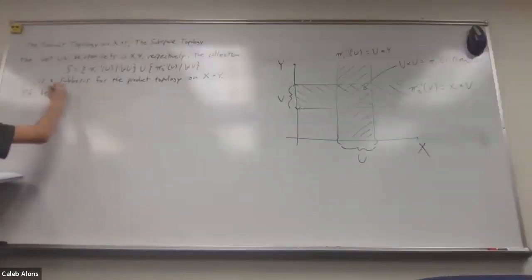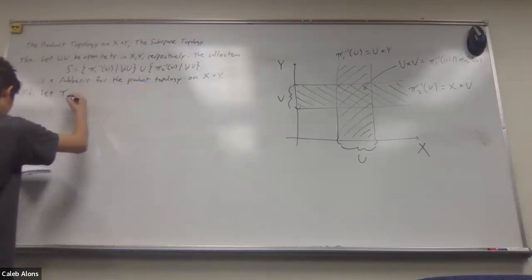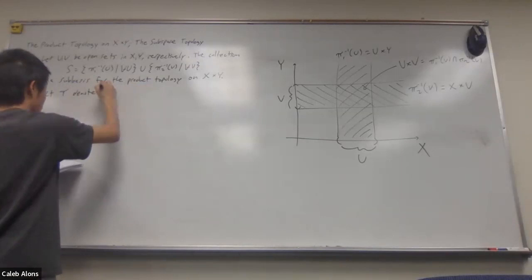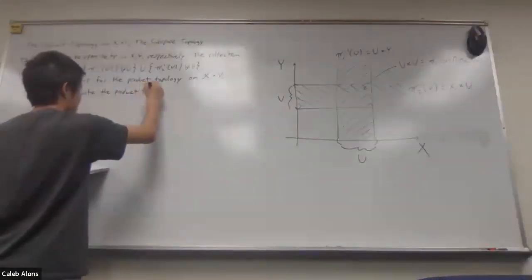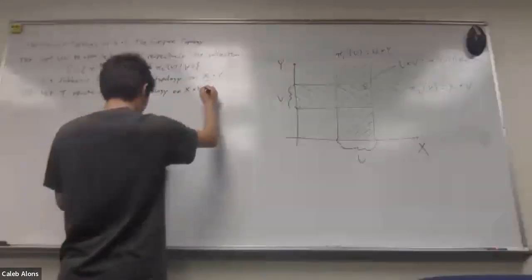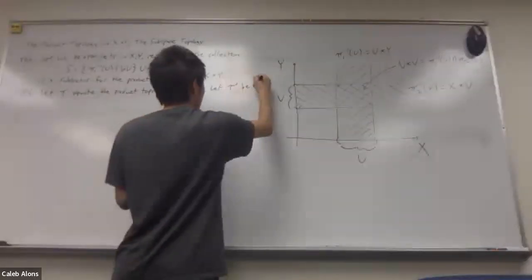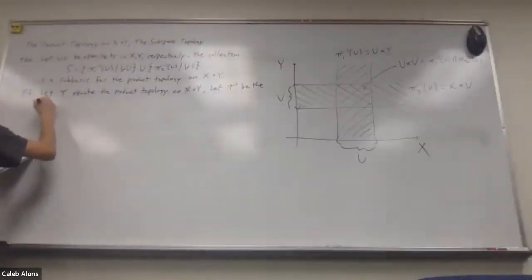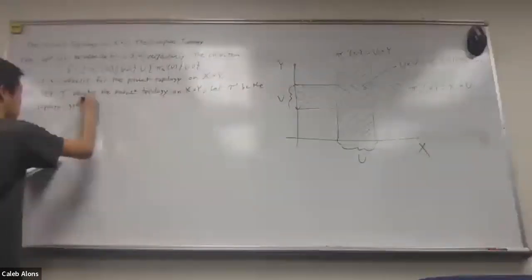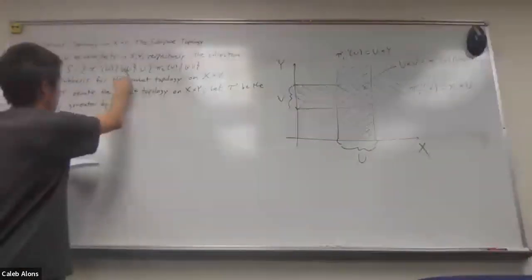So we're going to let T represent just the regular product topology on X cross Y. And then we're going to let T prime be the topology that is generated by our collection. Because if they end up being the same thing, then this is a basis for the product topology.